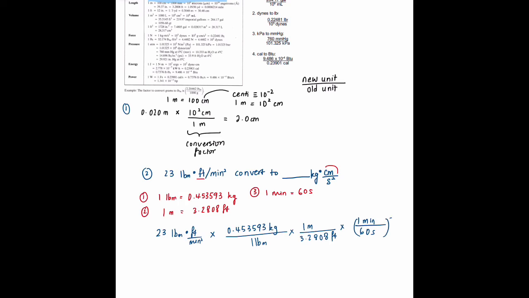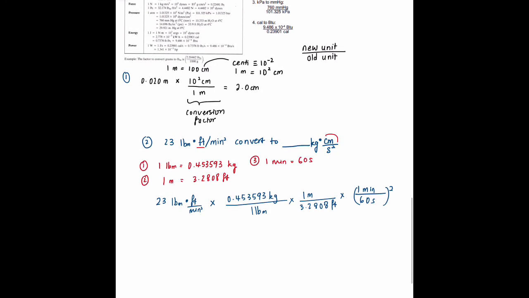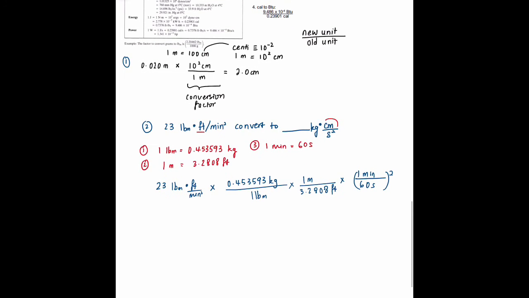So I have to take a square because the unit here is given in terms of square. So if I were to use a calculator to work out this value, okay, now let me show you why whatever I did works by putting the old unit over the new unit.